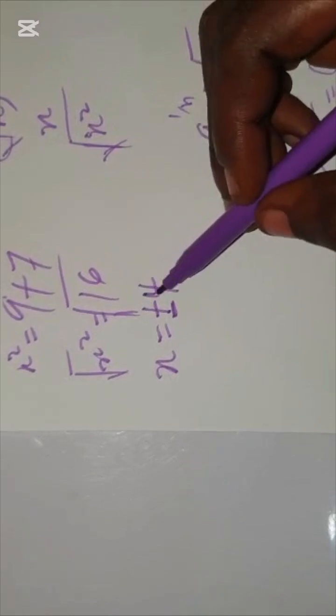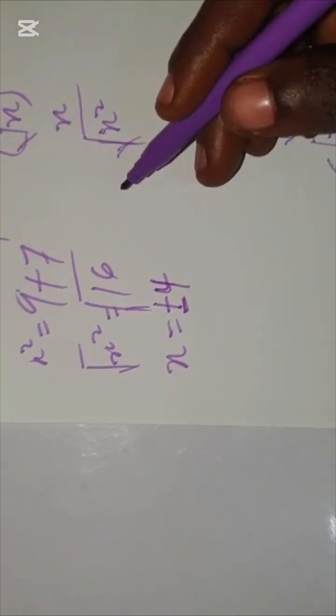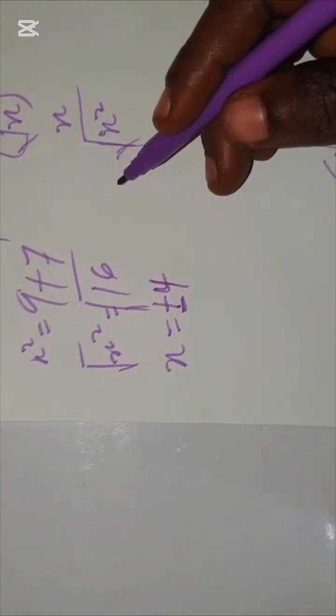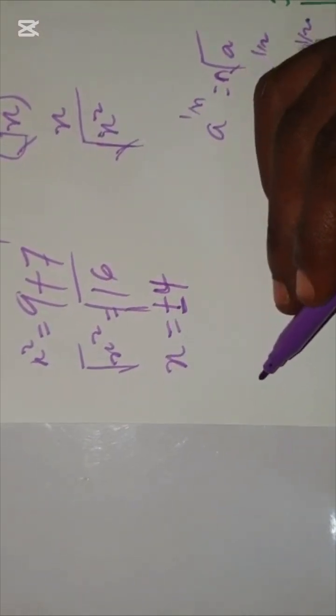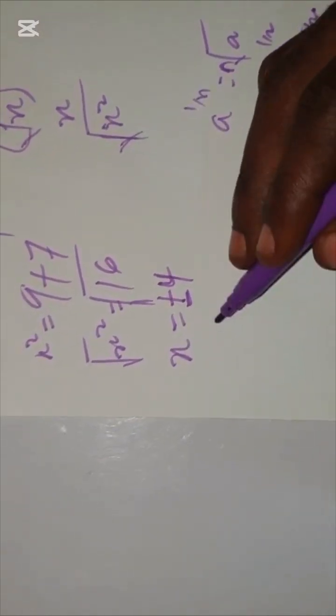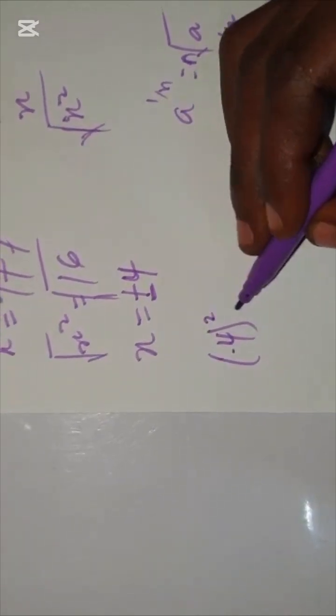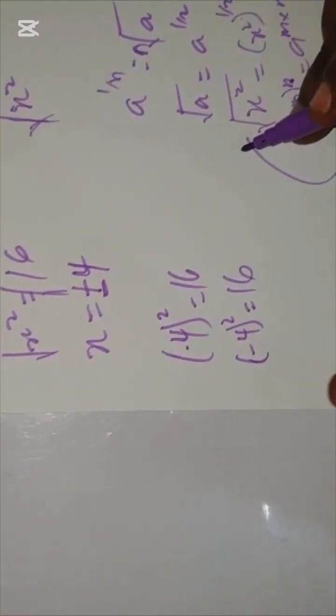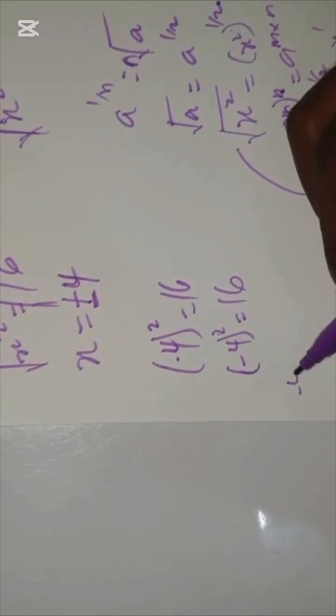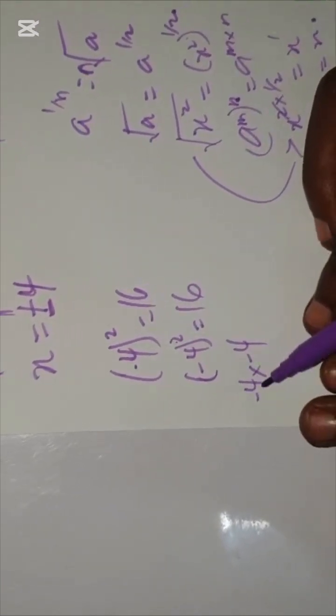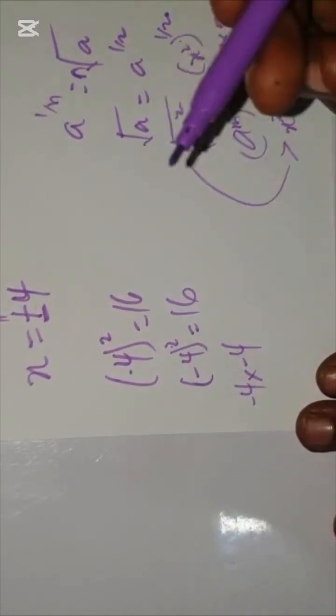The square root of 16 gives us plus or minus 4. You might be asking, why plus or minus 4? This is it. When you square a number, let's use the 4. The square of 4 gives 16. Yes, but do you know that the square of negative 4 also gives 16? Why? The square of negative 4 means negative 4 times negative 4. And when you multiply two negative numbers, you always end up with a positive number.